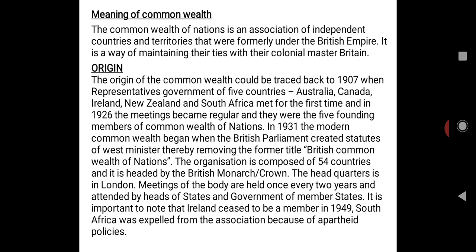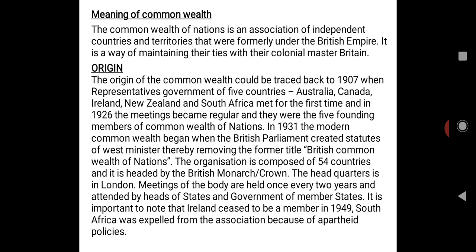In 1939, the modern Commonwealth began when the British Parliament created the Statute of Westminster by removing the former title, in quotes, British Commonwealth of Nations.